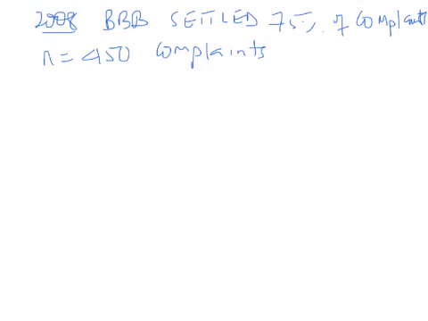So if we take that many, we want to know what's the sampling distribution of the sample proportion. A sample proportion would just be the number of complaints that would actually be settled in the sample, right? If we take 450 complaints, then how many of them will settle? We express that as a proportion. That's fairly easy to do.